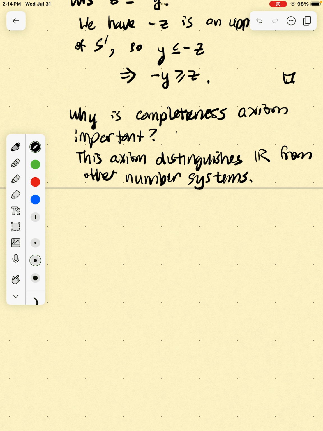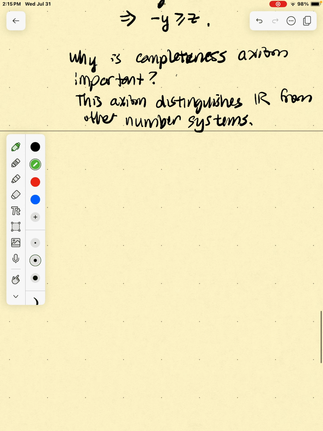For example, if you take just rational numbers, so first of all, let's assume that we know that the square root of 2 is irrational. There's a standard proof of that. Then you can take a sequence converging to the square root of 2.